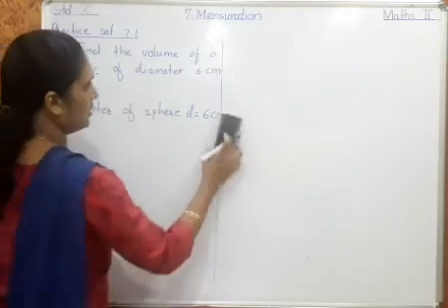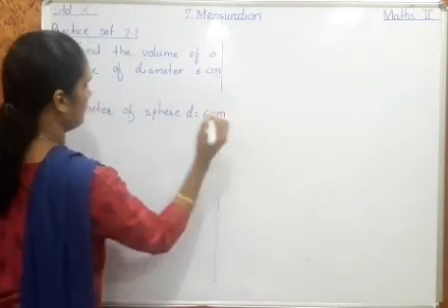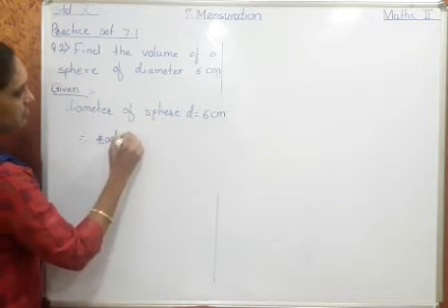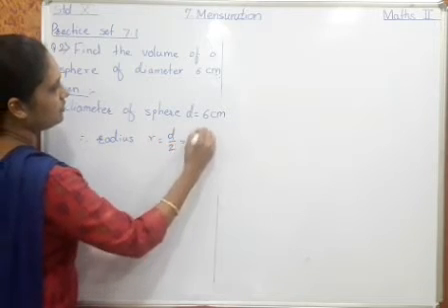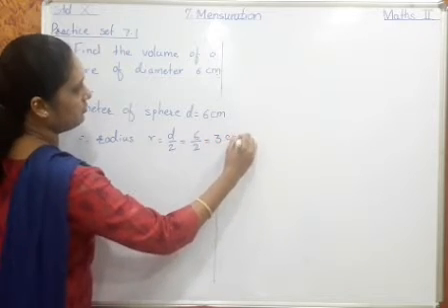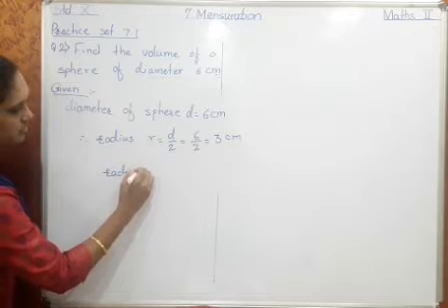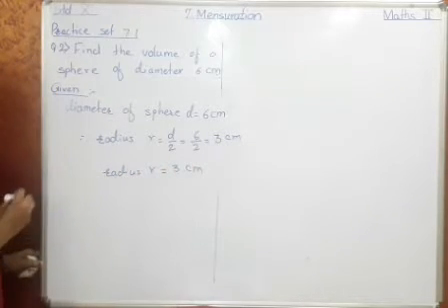Now from this diameter we can find the radius. Radius r equal to d upon 2, which is 6 by 2, is 3 centimeter. So radius r is equal to 3 centimeter.